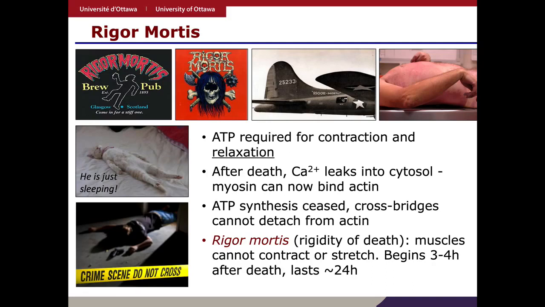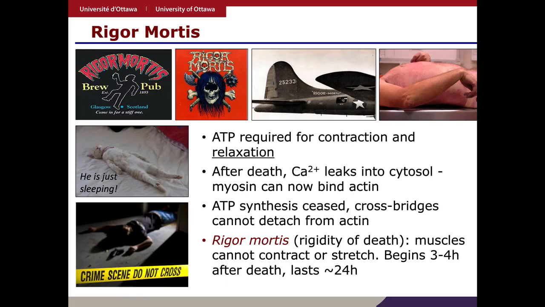We just saw that ATP is required for contraction and for relaxation of skeletal muscle, and for pumping calcium ions back into the SR. After death, a lack of oxygen means ATP synthesis ceases.